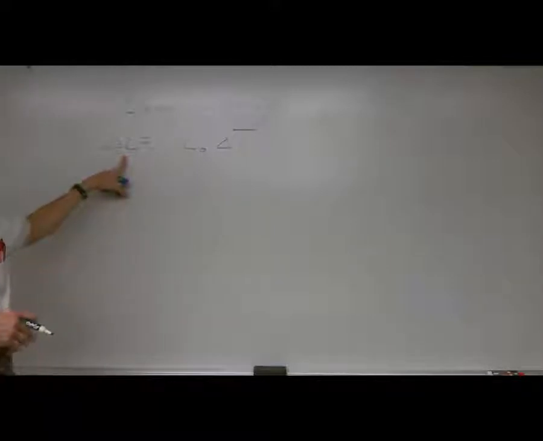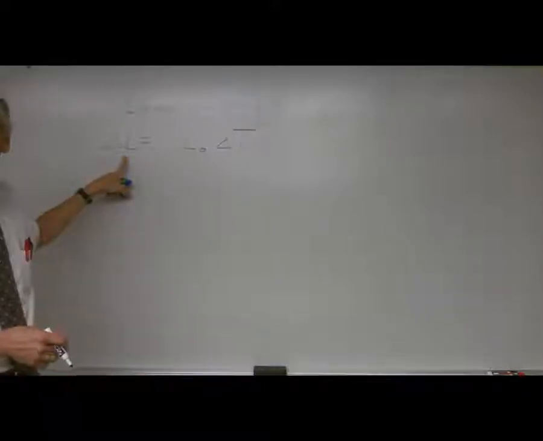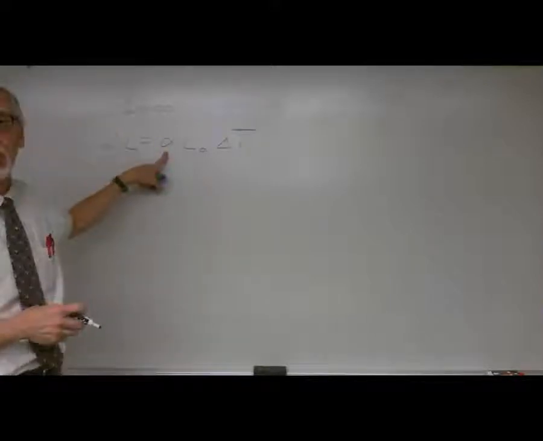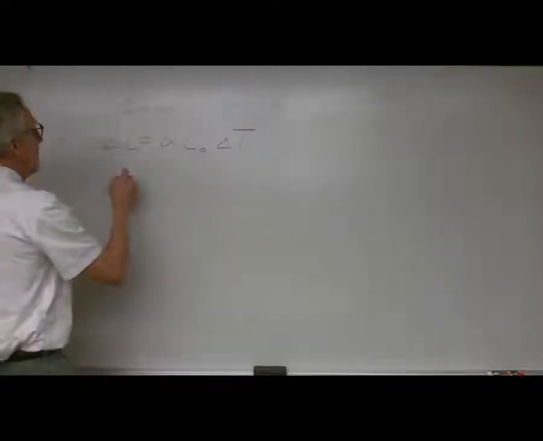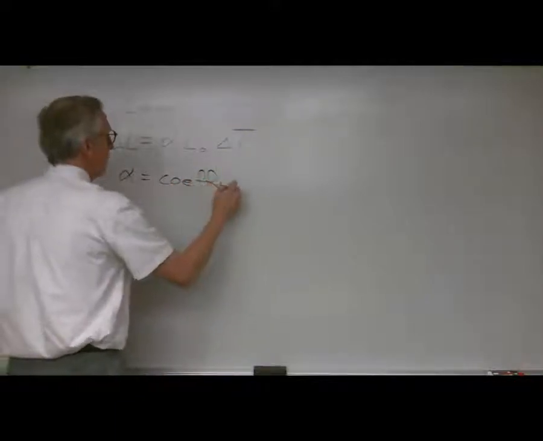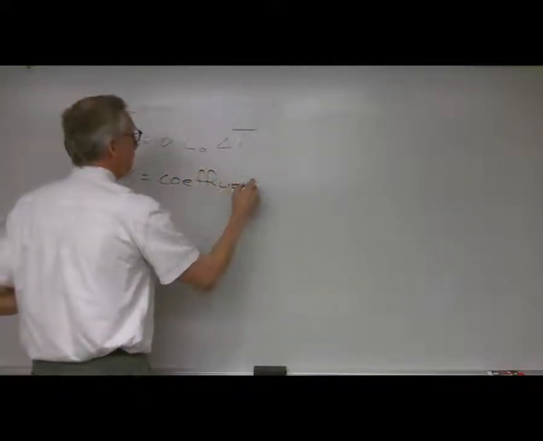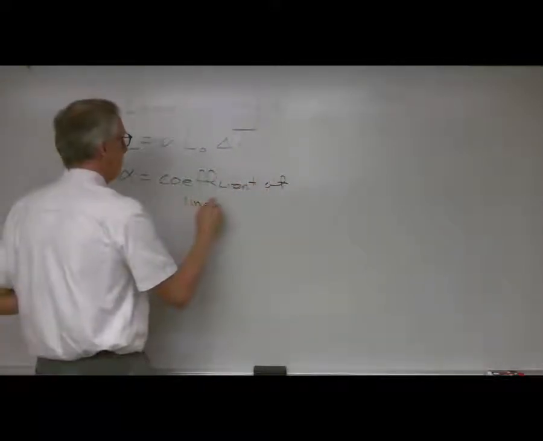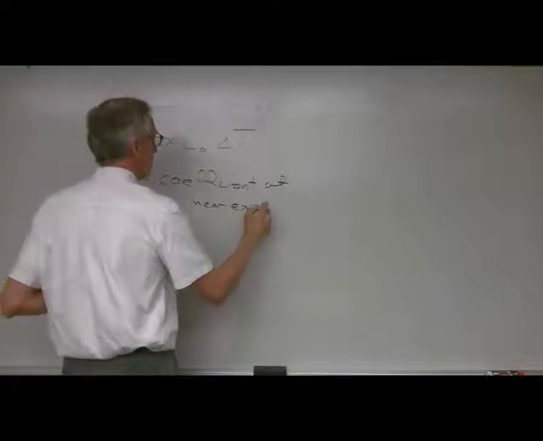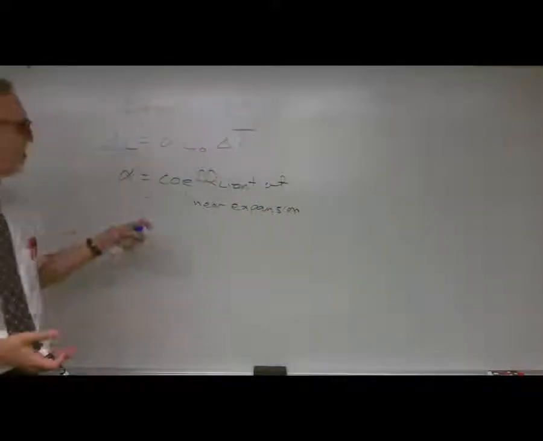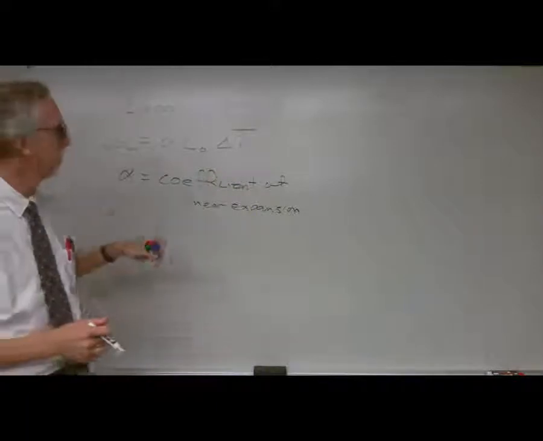Copper might expand differently than, say, steel, for example. So we'll put in a term here which will be determined by the material. Alpha is what we call the coefficient of linear expansion, and different materials will have different values of alpha. Okay?